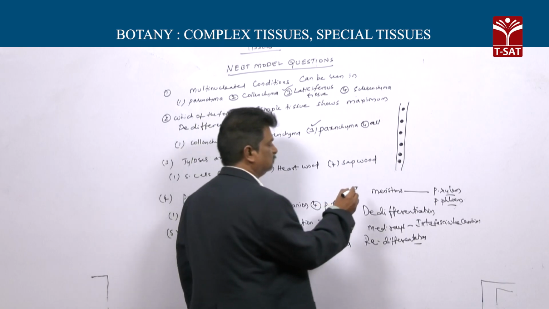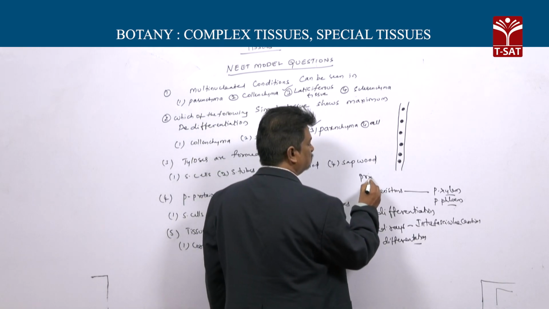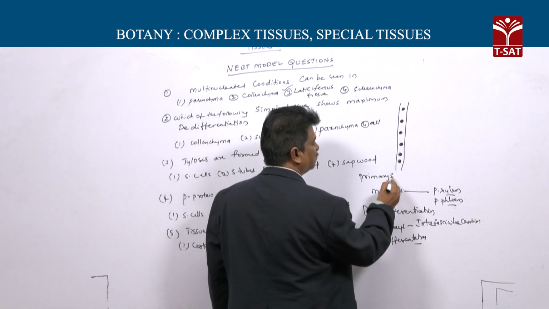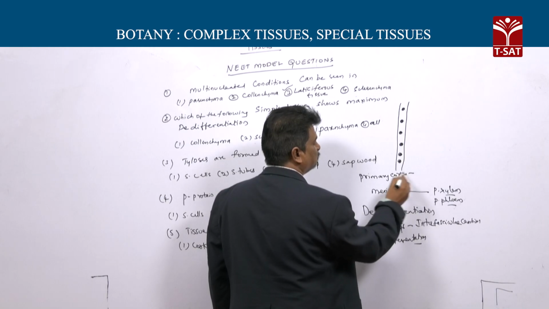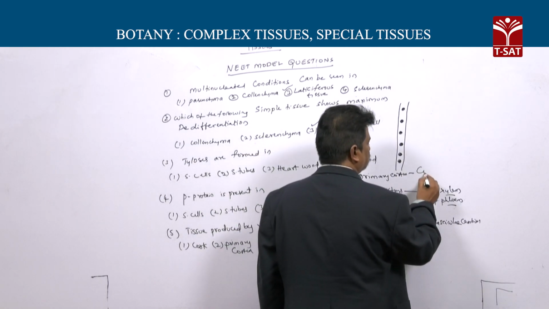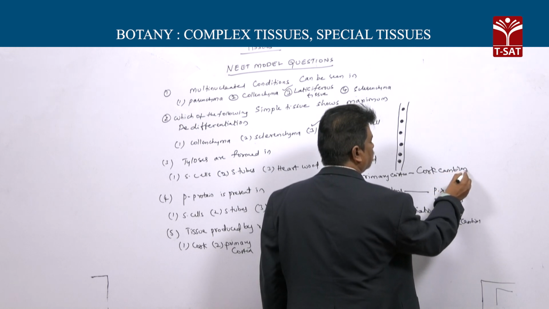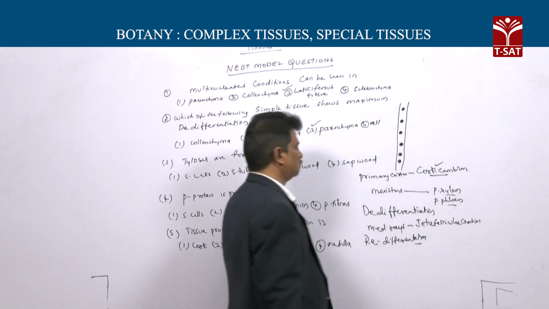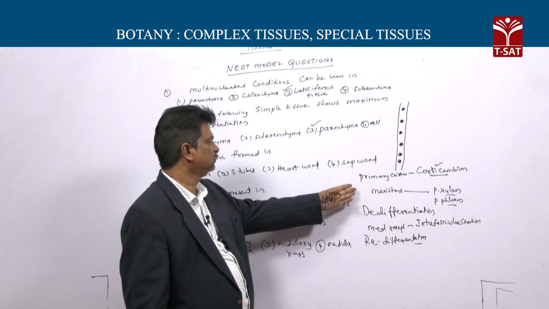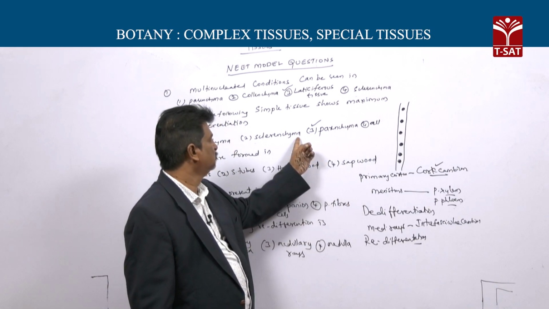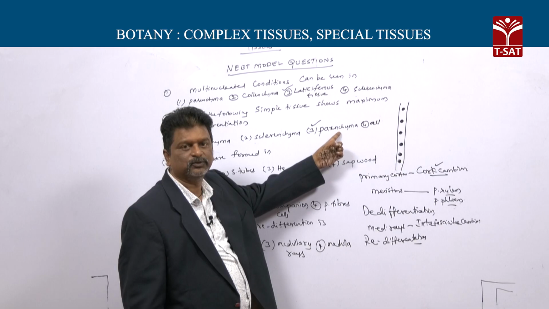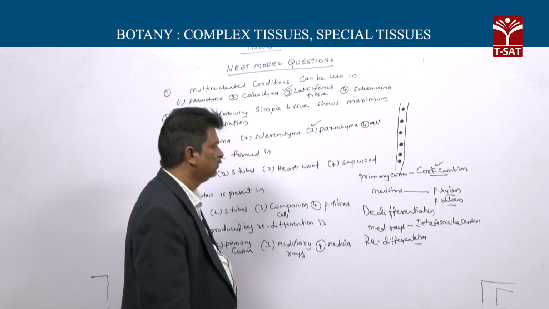Another example for dedifferentiation, primary cortex. This primary cortex, by dedifferentiation, gives cork cambium. Even the primary cortex is parenchymatous. So the maximum dedifferentiated tissue is parenchyma.